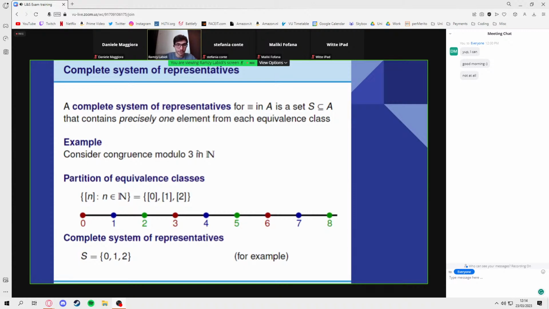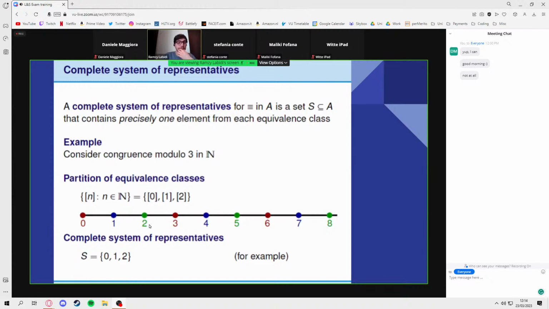For example, modulo 3 in N. In N, anything divided by 3 will result in a remainder at the end. And here we can see that they mapped out 0, 1, 2 as the three class representatives, and that's what they have at the end.